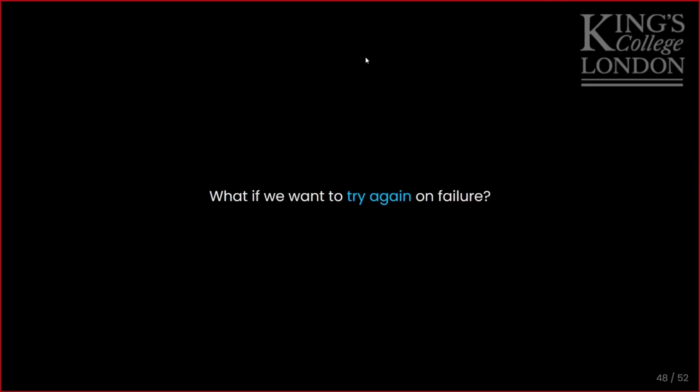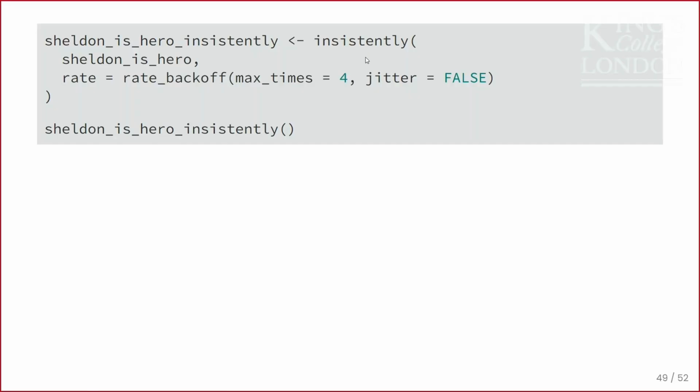What happens if you want to iterate in the case of failure? Well, this is where the sidekick enters. Insistently, this allows you to take whatever function is that could potentially fail and set up some infrastructure to run that function multiple times. Do this via the insistently function or wrapper, and you can specify just exactly how many times and how frequently to run that function.